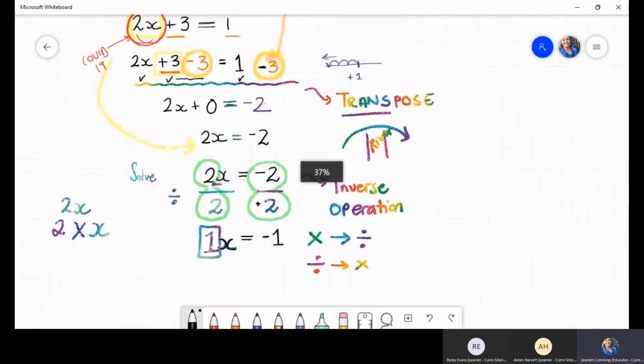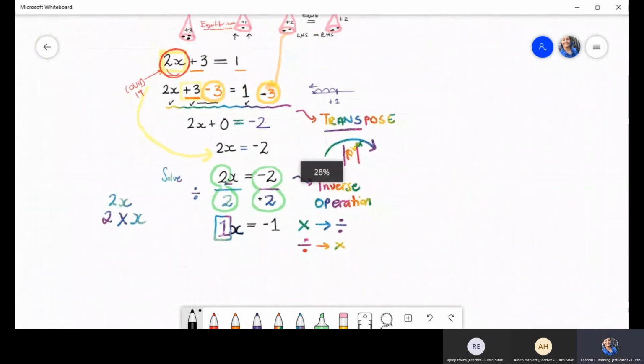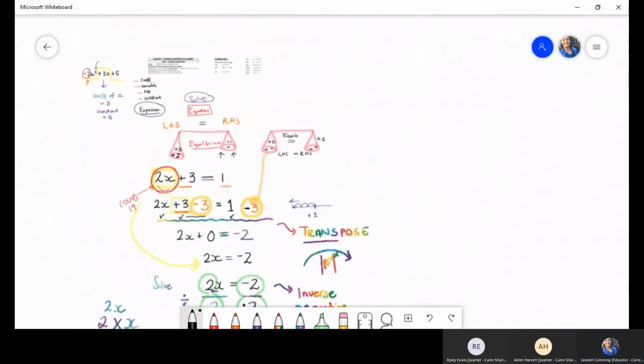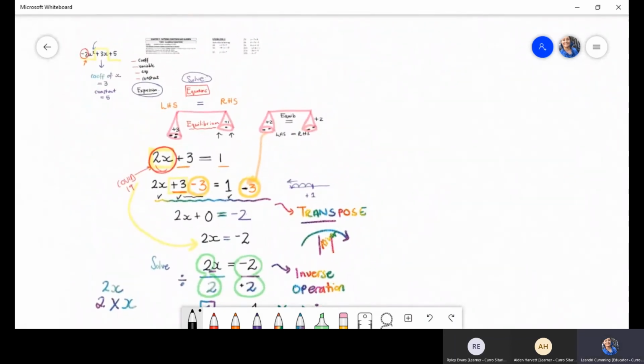So, as an introduction to our next chapter, we need to understand the importance of working with something called an equation. Something is only called an equation when the equal sign is present. We must, at all times, make sure that whatever I have on my left-hand side is in fact equal to the right-hand side.